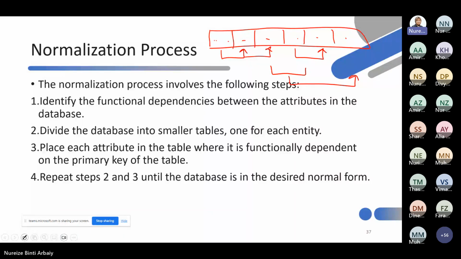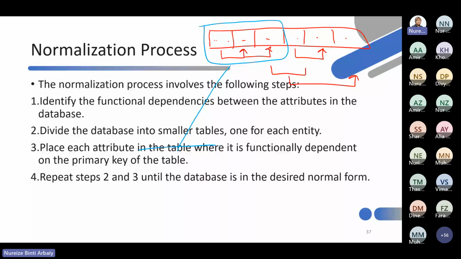For example, you identify that this can be used to determine this one and this one, so this is one table, this one is another table, and this is another table.